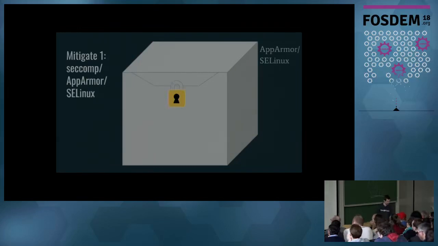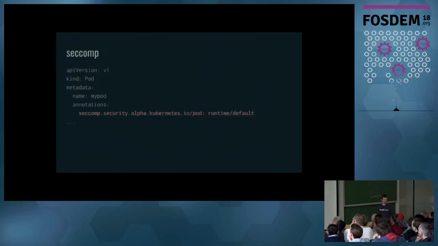Seccomp does that by allowing you to create a whitelist filter on the syscalls that you can do. AppArmor and SELinux are both security frameworks for Linux, so they can stop you from doing things like mounting extra things inside the container, or writing to proc, or doing things like that.